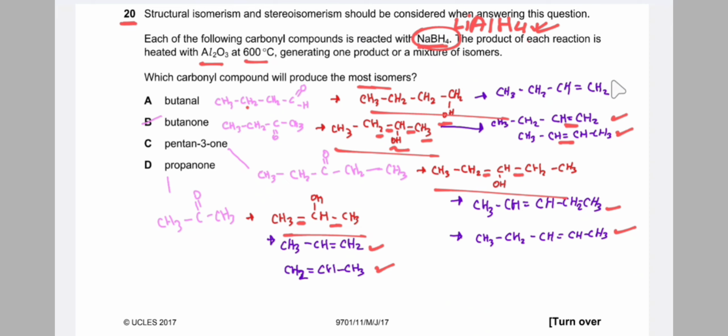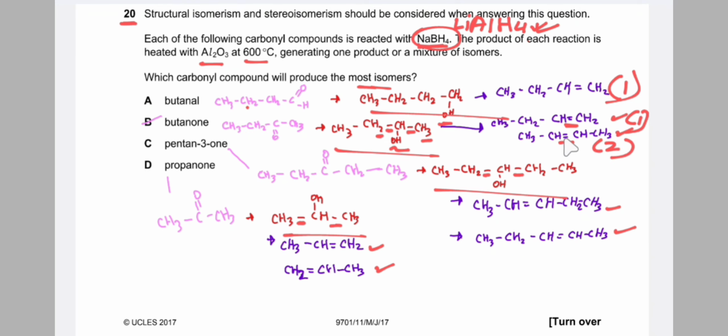For this compound, there is only one isomer. Then for the second compound, as this double bonded carbon is bonded to the same group, there is only one isomer. Then for this carbon, these double bonded carbon atoms are attached to two different groups, so two isomers are produced.